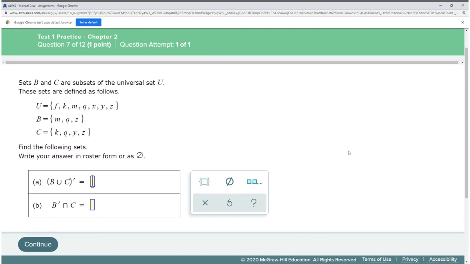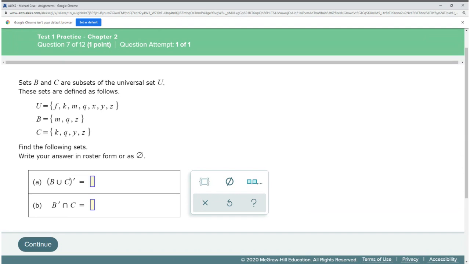All right, so now what we got to do is join B union C, and these are just going to be a pain in the neck. And I'm going to write them down, because it's hard going back and forth. So B union C means I'm going to put those two together. And I'm going to put them in order. You don't have to, but it makes them easier to follow.